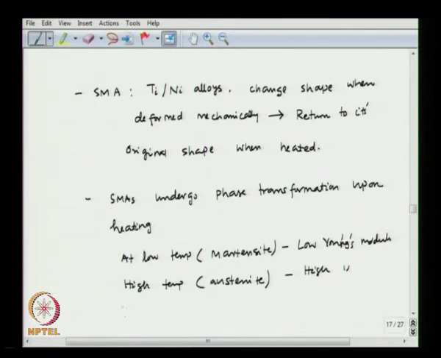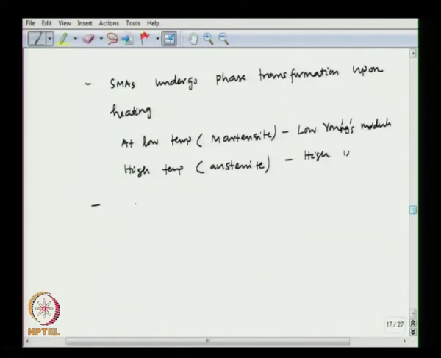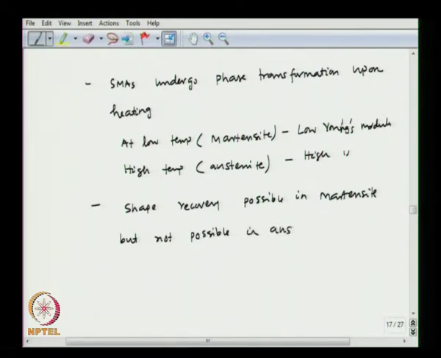So, for that reason the shape recovery is possible when it is in martensite state. So, the shape recovery is possible in martensite, but not possible in austenite.